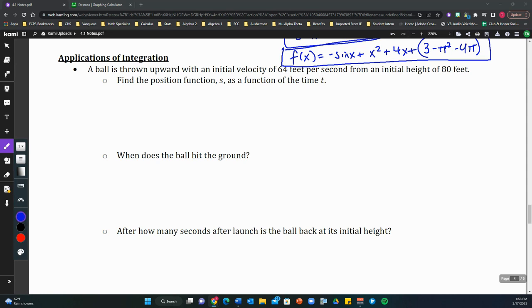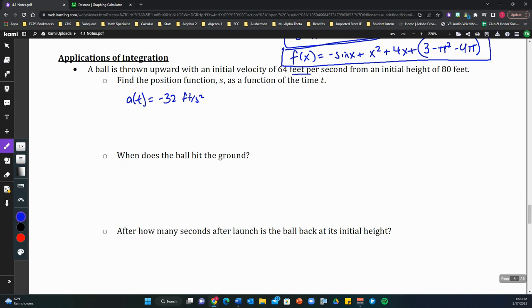You can now recreate it very easily as long as you remember one thing, and that is the acceleration due to gravity on Earth in terms of feet per second is always negative 32 feet per second squared. If I remember that and I know how to do integration, then we can actually work our way back to the position function doing the exact same process we just did.